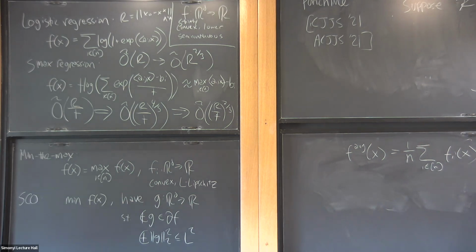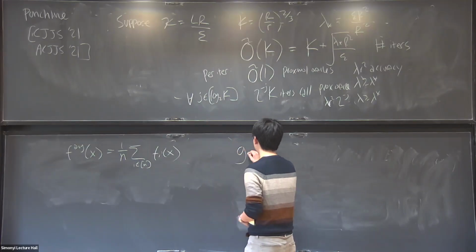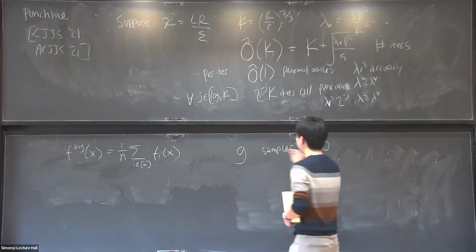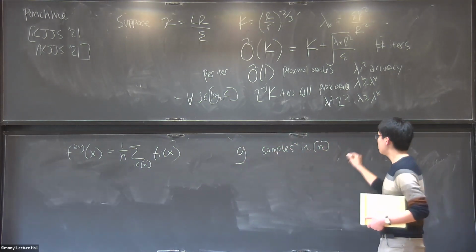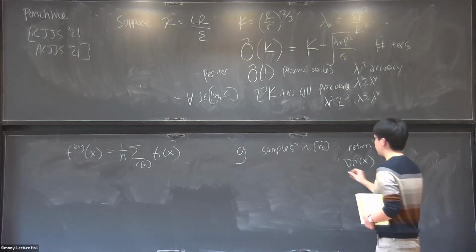If I wanted to solve this ERM problem, I would just run stochastic gradient descent. This is a very well-studied algorithm, and the way I would do it is I would design the following stochastic gradient estimator, which just samples a random index i and returns the gradient of the ith function.